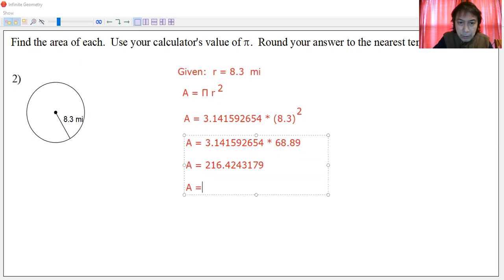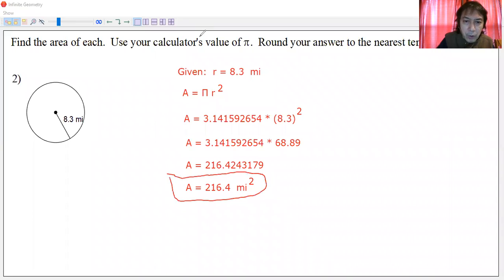We shall round this to the nearest tenth, so this is 216.4, in square miles. We're going to compare this with the computer's answer. The computer's answer is 216.4 square miles.